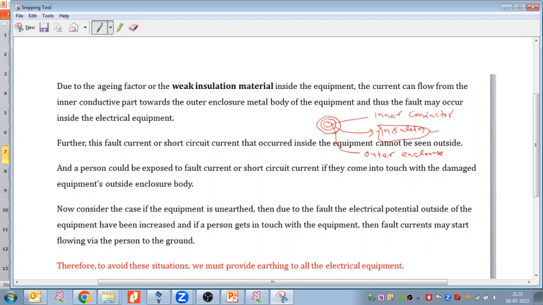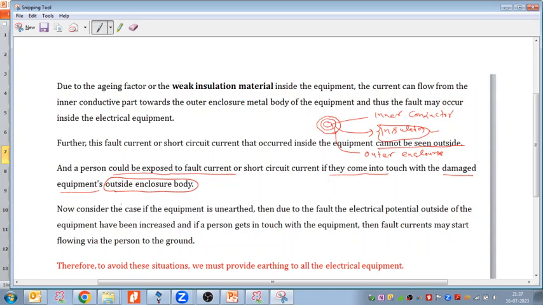Since this occurs inside the equipment, it cannot be seen from outside, and a person could be exposed to fault current or short circuit current if they touch the faulty equipment's outer enclosure body.